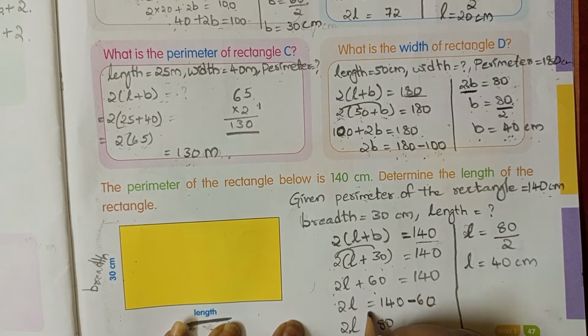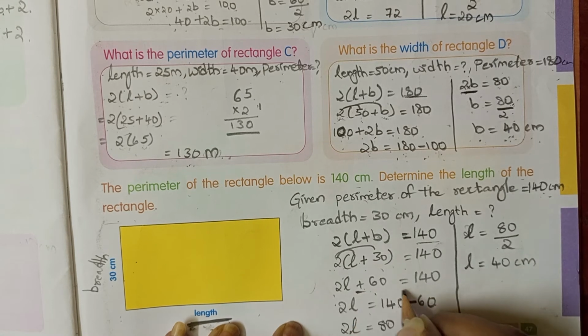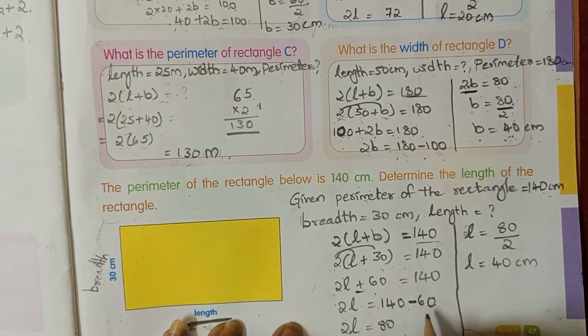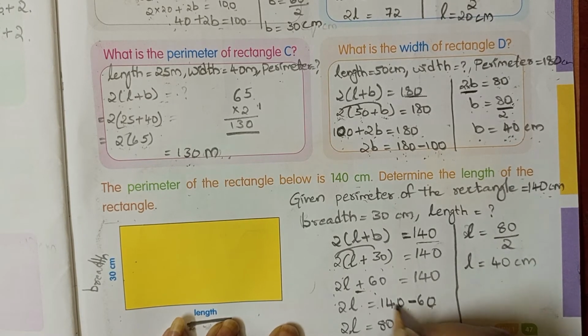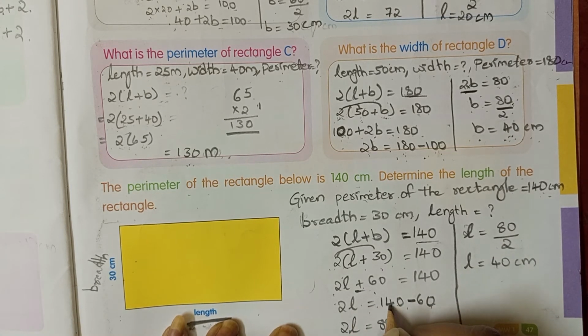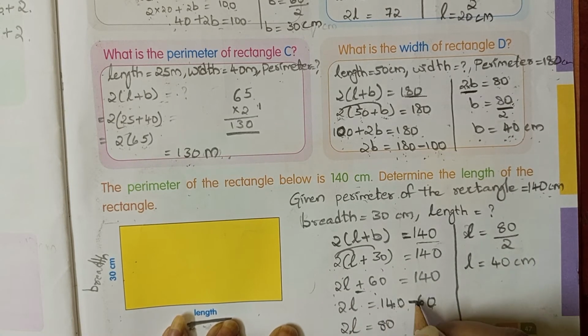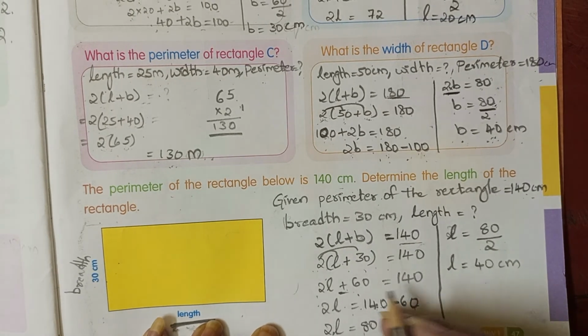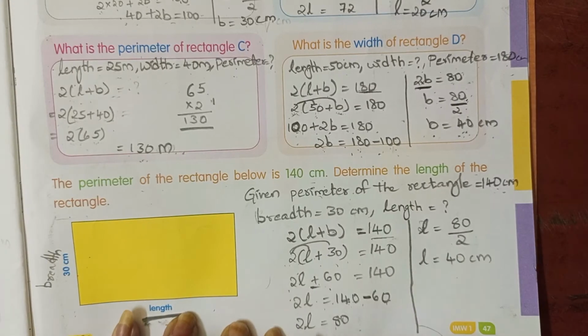2L is equal to, here plus side, whenever this number goes to that side, it becomes a minus number. 2L is equal to 140 minus 60. So 2L is equal to 80. See here, the 2 is on the multiplication side.